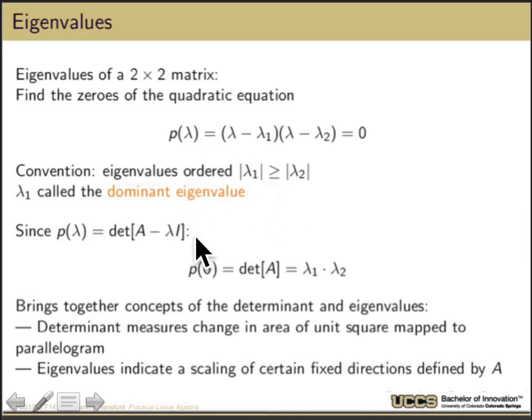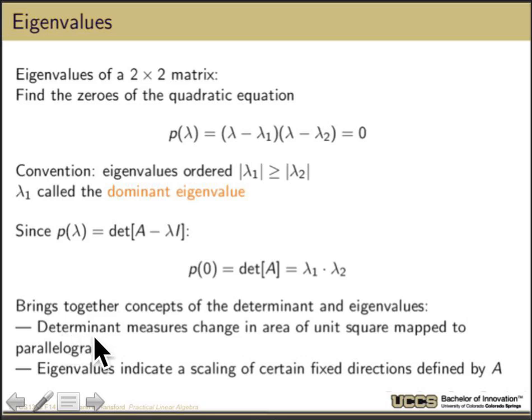And once we look at it this way, the determinant of A minus lambda I is going to have this form. We also then know there's a special thing: if I put in 0, the determinant of A is going to be lambda 1 times lambda 2. So this brings back together the idea of determinants and eigenvalues.